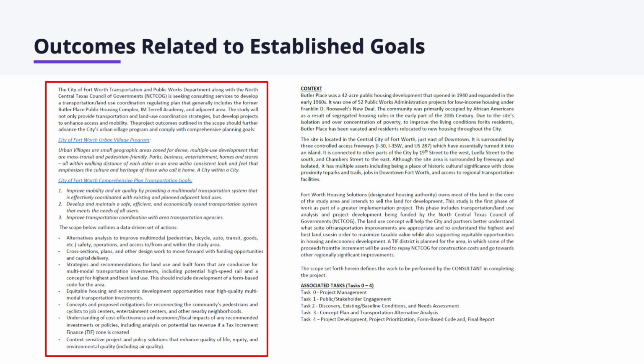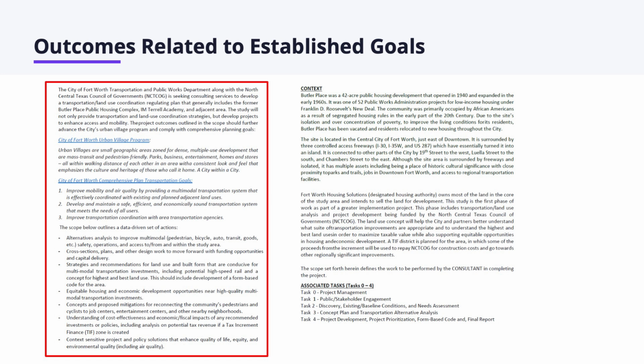I also like to tie my outcomes back to established goals. That may be through your comprehensive plan or some other study that you've done, or a council resolution that's been passed, or any number of things. It really does give you some degree of motivation and some degree of agency over the direction that you want the project to go in, the study to go in this case.